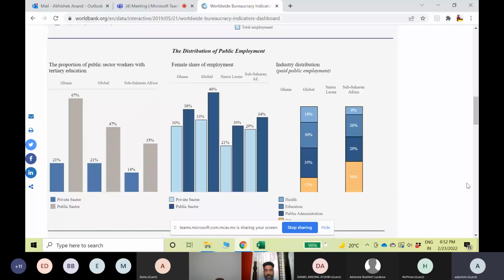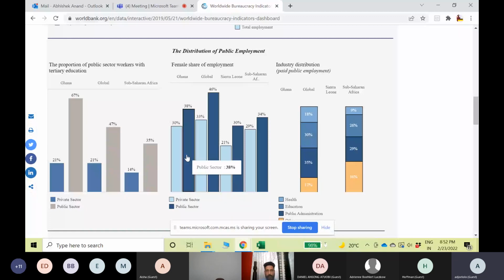So the next chart that we see here is basically the gender distribution: in the private sector, what proportion of the workforce is female, and similarly in the public sector. What you see here is that, for example in Ghana, only 30% of the workforce is female in the private sector, and it's certainly better in the public sector, around 38%.